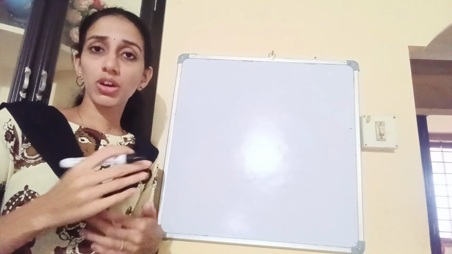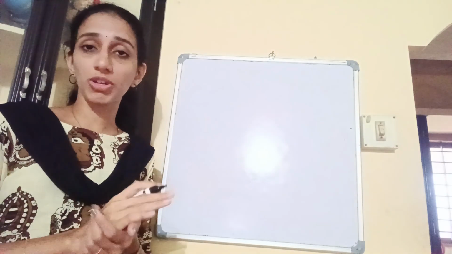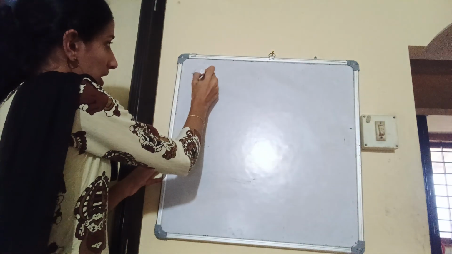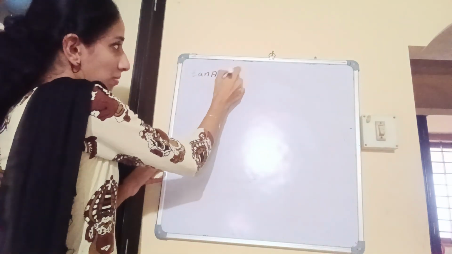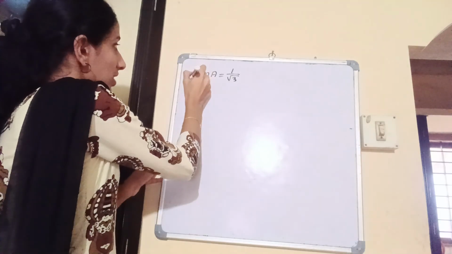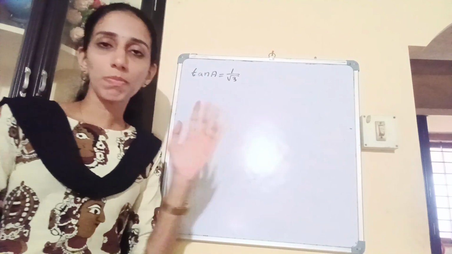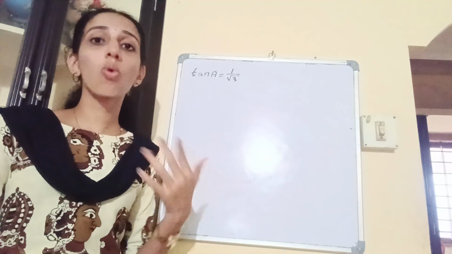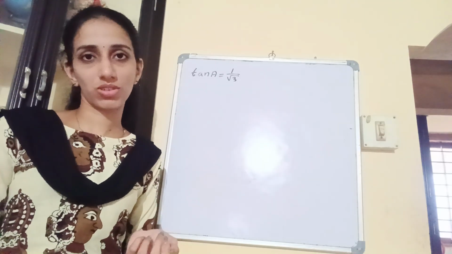If we have one trigonometric value of a triangle, say I give tan A is equal to 1 by root 3, can you find all the other trigonometric ratios?